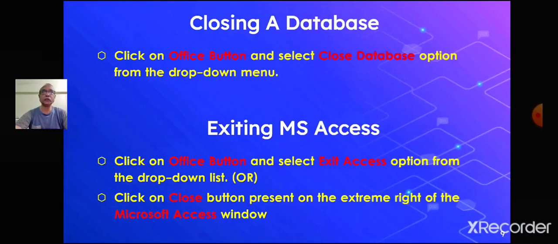By doing so, your database will get closed. Next is to exit Access. For this, click on Office button and select Exit Access option from the drop down list. So children, these are the steps to save, close and exit MS Access.